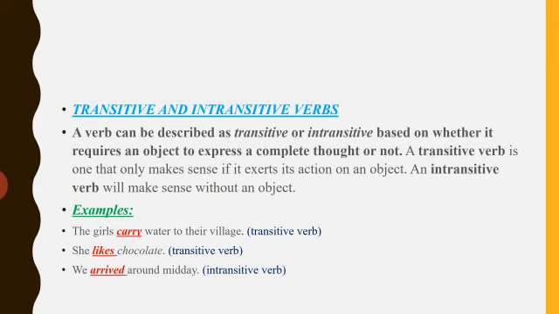Then, we arrived around midday. So arrived is an intransitive verb because it does not need an object to complete itself. And then, she sneezed loudly. So sneezed is again an intransitive verb because it does not need an object to complete itself.